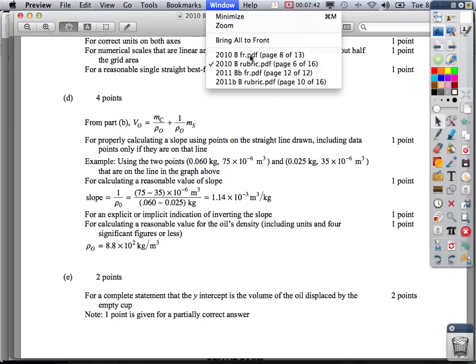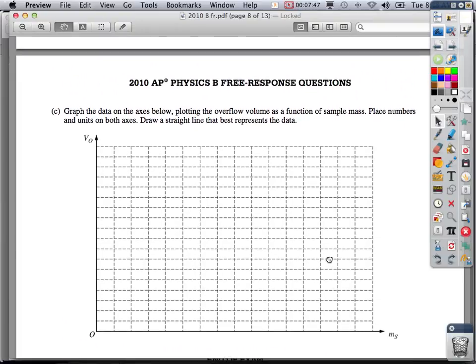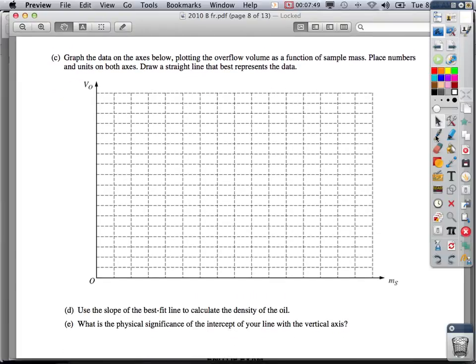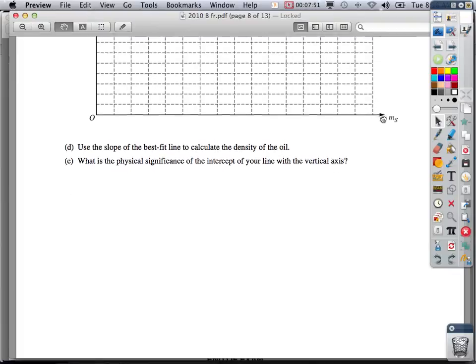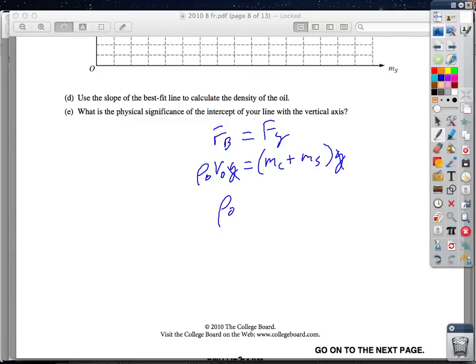Because if the sample's 0, alright, then how do you get that out then? So the way they did that is they're saying the statement was that weight force is equal to gravity, and it was density of oil, volume of oil, gravity is equal to mass of the cup plus mass of the sample times gravity. So that went away.